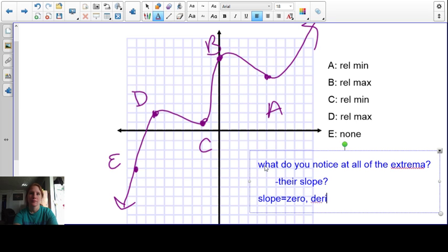Derivative. Remember, derivatives are slopes. So what we're going to be looking for is when my derivative is equal to 0. Since all these extremal points, their slopes are 0. Derivatives are slopes, so therefore my derivatives are going to be set equal to 0. So that's what's going to lead us into this next part.